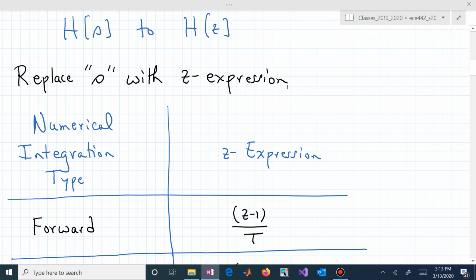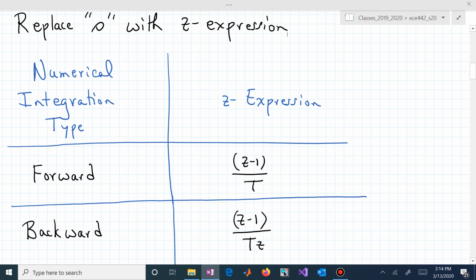In the forward case, we would replace s with the factor z minus 1 divided by capital T, where capital T is our sample period. In the backward strategy, that changed a little bit. It was now in the numerator this factor z minus 1, and in the denominator it was still capital T, but that capital T was joined by an additional z.